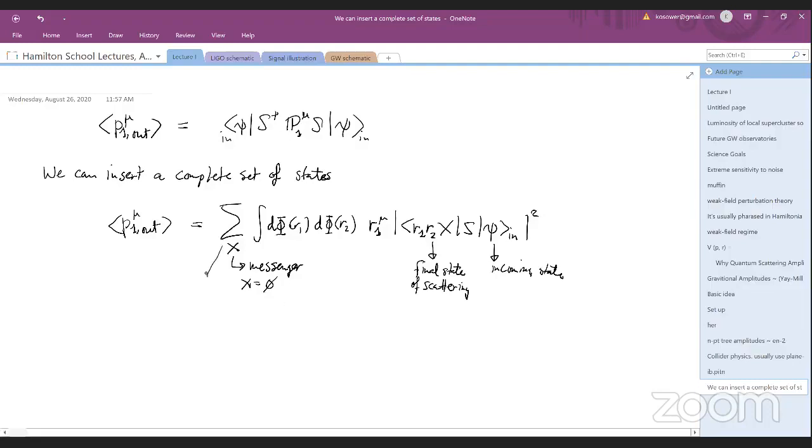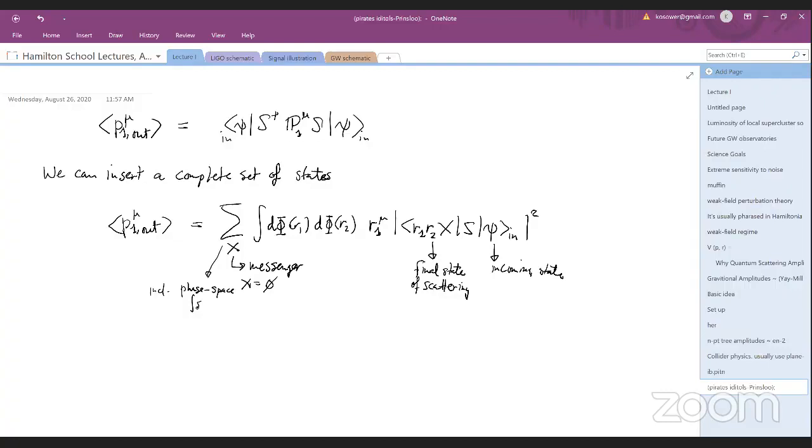And finally, this sum includes whatever phase space integrals are associated with the extra messengers. So this tells us that we're going to be able to evaluate this in terms of scattering amplitudes. And so we can see, in a sense, where this is going.